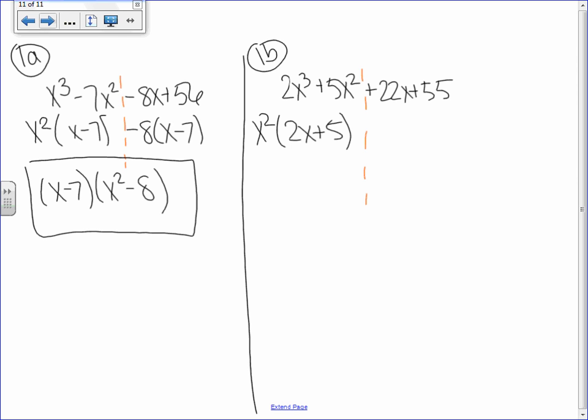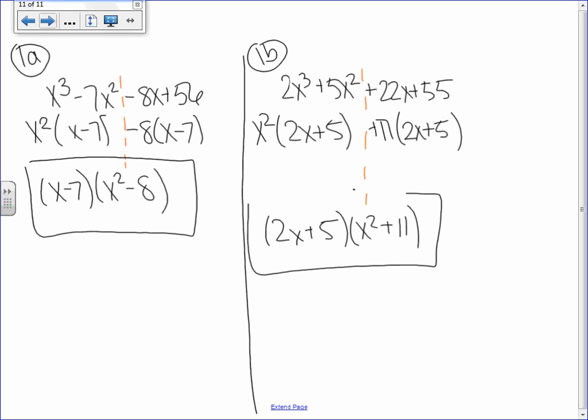And on the right, I have a GCF of 11, and I'm going to also be left with 2x plus 5. So looking at both of my groups, I have a GCF of 2x plus 5, and I'm left with x squared plus 11, and that is your final answer because neither of those can factor anymore.